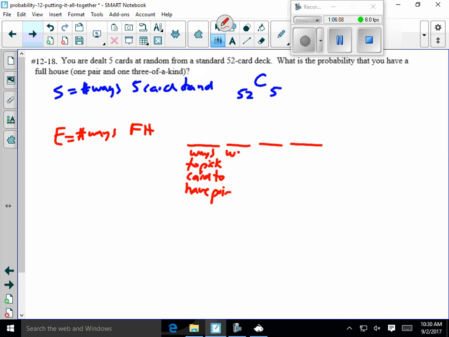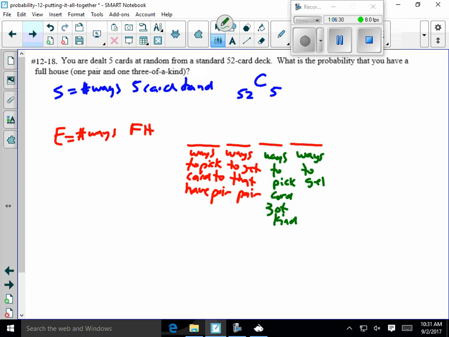And then I have to find the number of ways to get that pair, right? And then I have to find the number of ways to pick the card to have 3 of a kind of, and then I have to count the number of ways to get the 3 of a kind.